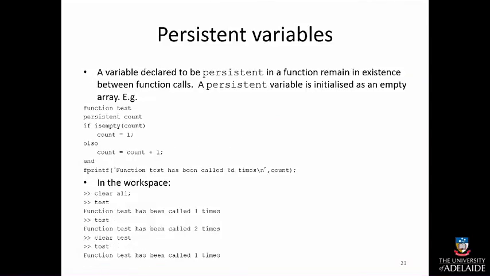So far we had a look at local variables and global variables. Now there's another thing which is called a persistent variable. It's not really a local one or a global one. What happens with persistent variables is that you have them inside your function.